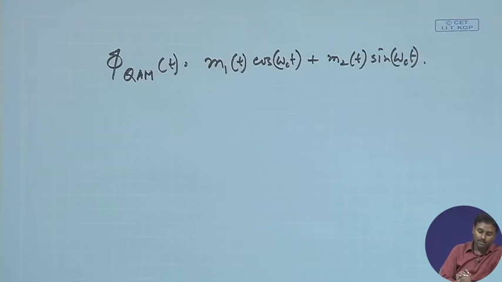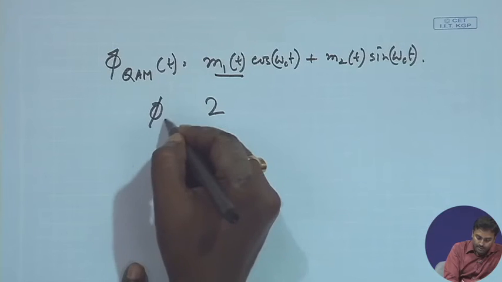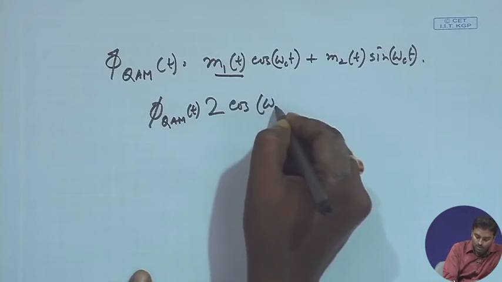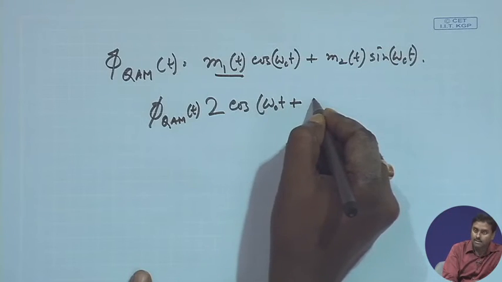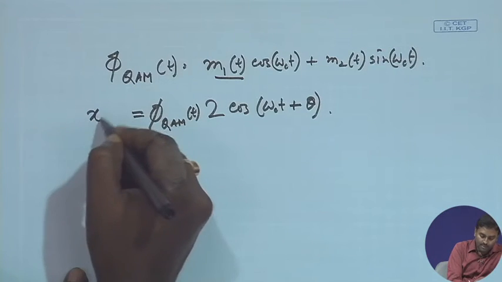Now, while demodulating, let us say I want to demodulate just m1(t). So what do I have to do? I have to multiply with a local cosinusoid. Let us say that has a phase drift. So I will be multiplying this phi QAM(t) with 2 cos (omega c t plus theta), a drift of theta. Let us say this is my x1(t).